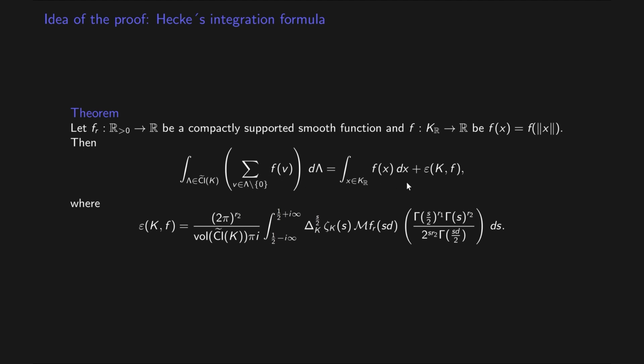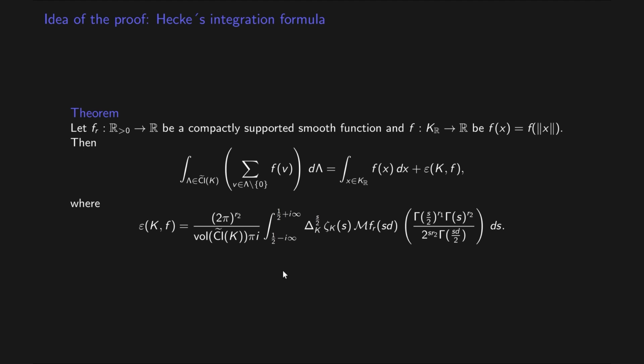Then as the answer, we will get the integral of the function f over the whole Euclidean space. So this is similar to what we've seen for lattices of higher rank. And we will also get an error term.